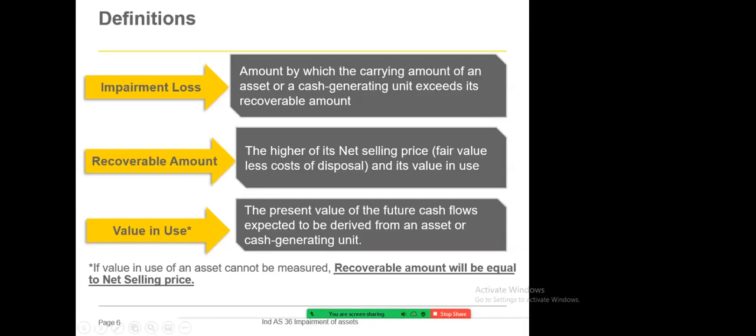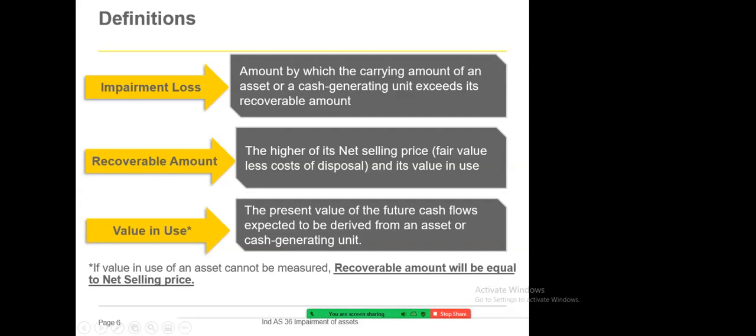So let us go through these definitions once again. Impairment loss is the amount by which the carrying amount of an asset or a CGU exceeds its recoverable amount. That means if carrying amount is greater than your recoverable amount, then the impairment loss should be recognized. Next is recoverable amount. Recoverable amount is the higher of the net selling price, that is fair value less the cost of disposal, and its value in use.